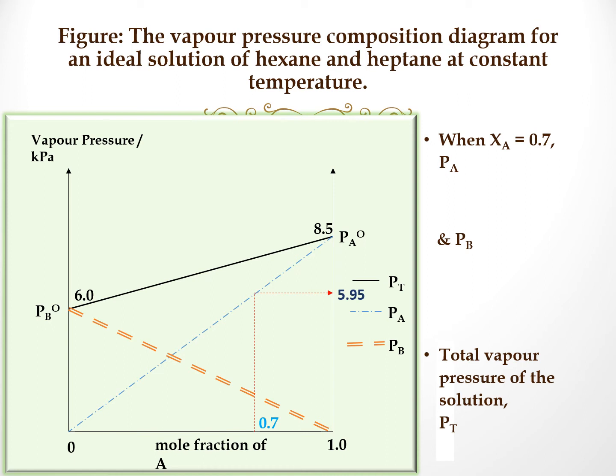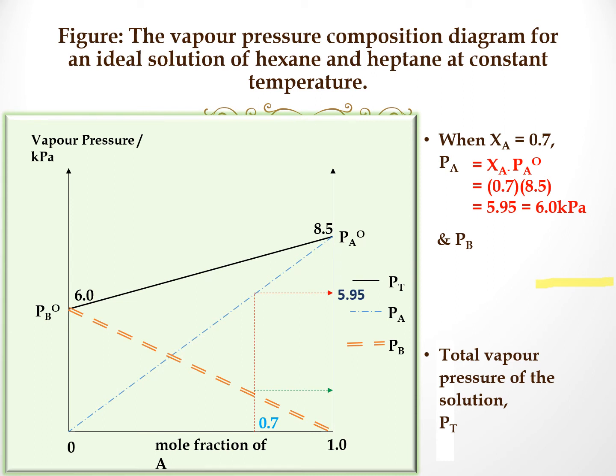As for PB, the same formula. PB equals 0.3 times 6.0. 0.3 is obtained from the mole fraction formula, XB equals 1 minus XA.